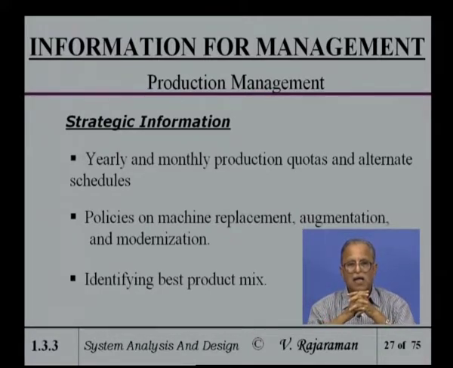In other words, do you produce a lot of Maruti 800 and reduce the number of cars in the Baleno class, because the Baleno class will cost more than 7-8 lakhs, whereas the Maruti 800 will cost less than 3 lakhs.